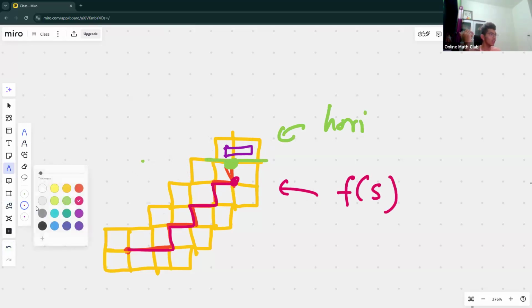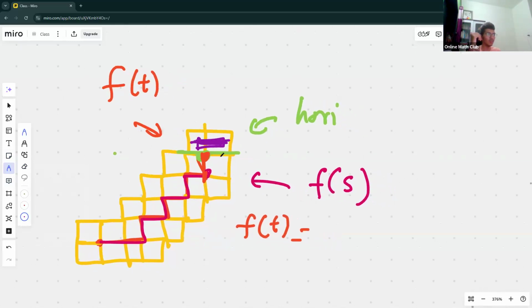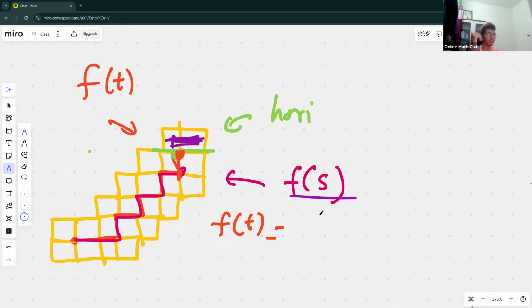And then we extend this to here, and the number of ways for this is f of t. Then f of t is equal to, when we place this block, we just have to cover f of s things. So it will be equal to f of s plus some other things. What are the other things?